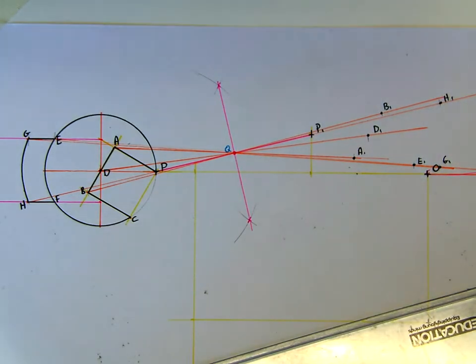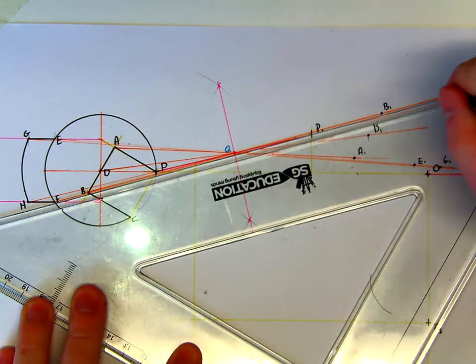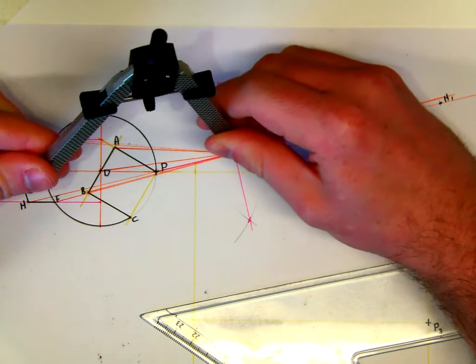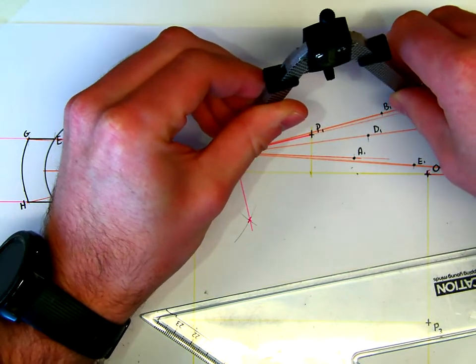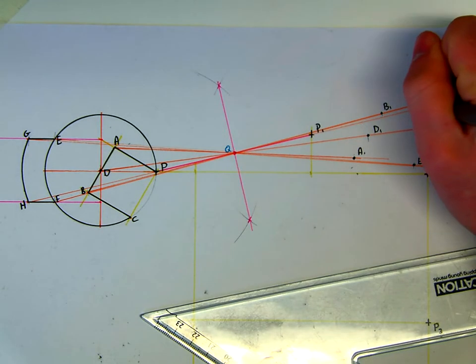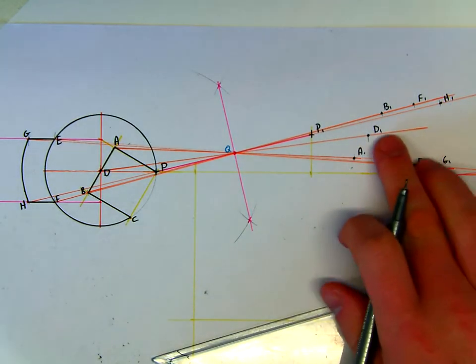And finally, F has to come through point Q. So Q, stretch it out to F. And mark in F1. So there's all of my labels found.